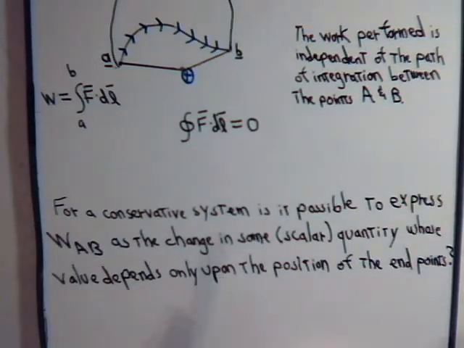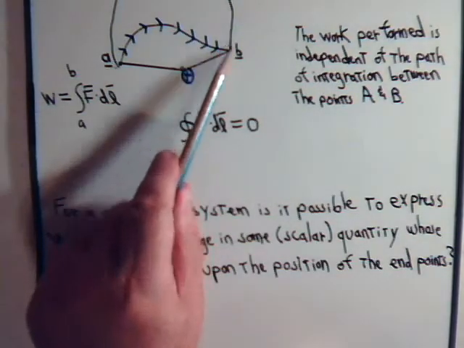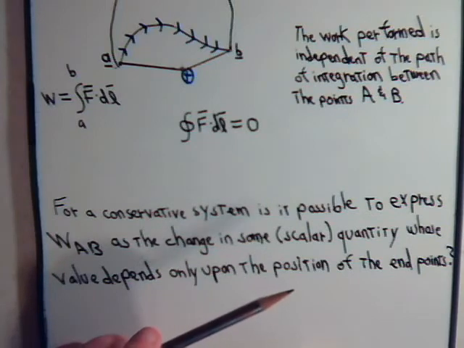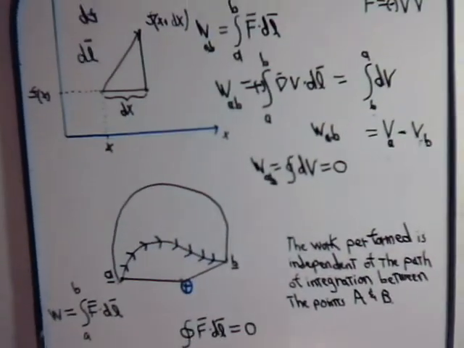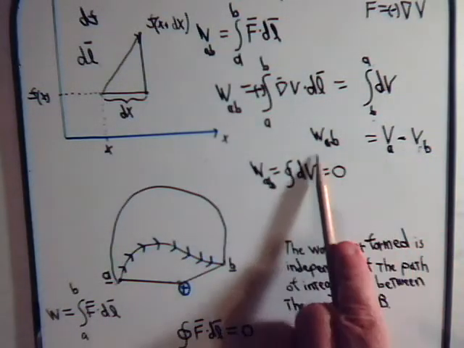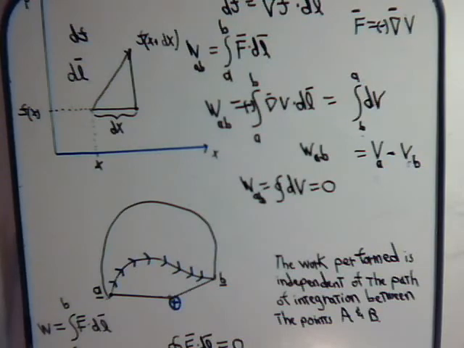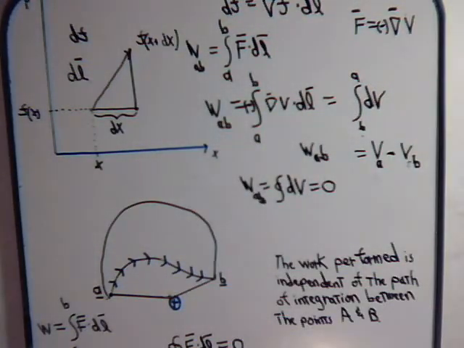And that's what we were asking ourselves in this question here. We asked ourselves, well, we're in a conservative system. Is there some scalar quantity that exists that has a certain value here and a different value here, so the difference in the value of that scalar quantity is what determines how much work is performed? And the answer to that question is yes, we see it right here. When the force is equal to the gradient or the negative gradient of that scalar quantity.